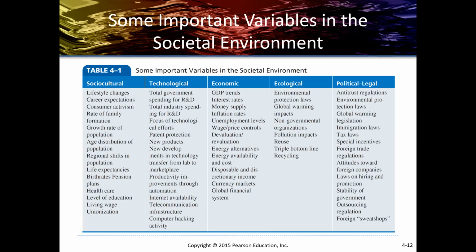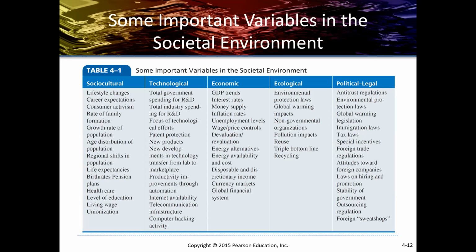And finally, political and legal. What do we have? Antitrust regulation, environmental protection law, global warming legislation, immigration law, tax law, special incentives, foreign trade regulations, attitudes over foreign companies, law on hiring and promotion, stability of government, outsourcing regulation, foreign switch-offs, okay?